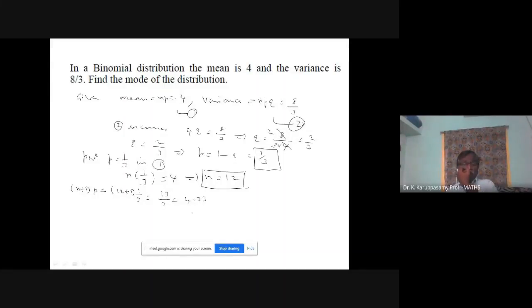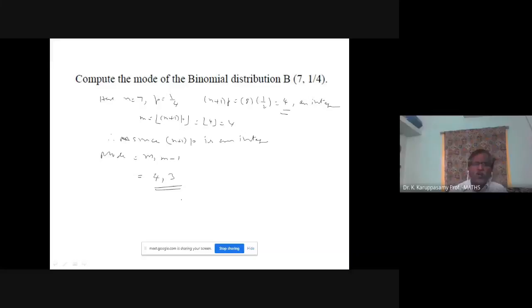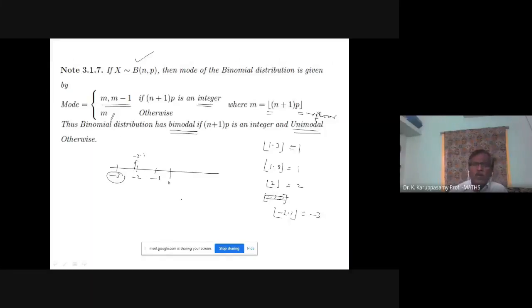Thirteen divided by 3 is 4.33. 4.33 is not an integer. If not an integer, then the mode is only m.